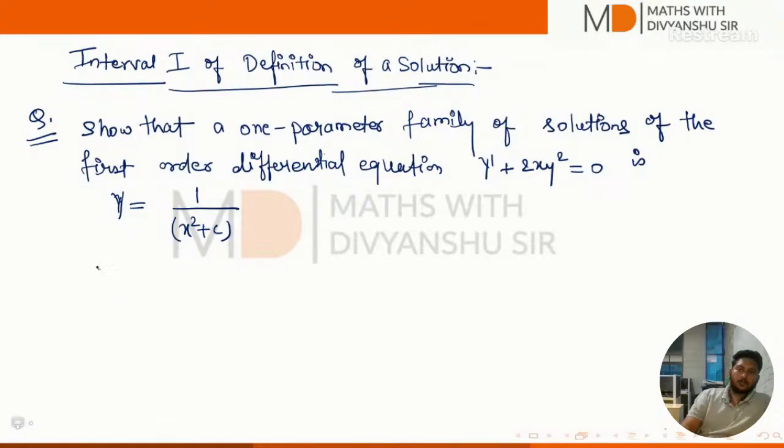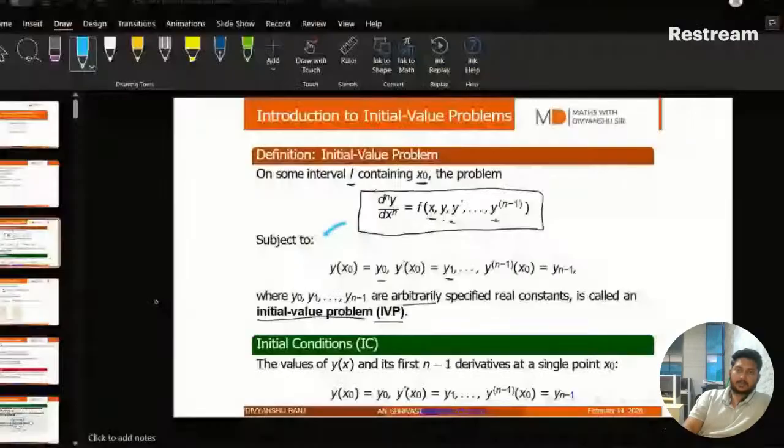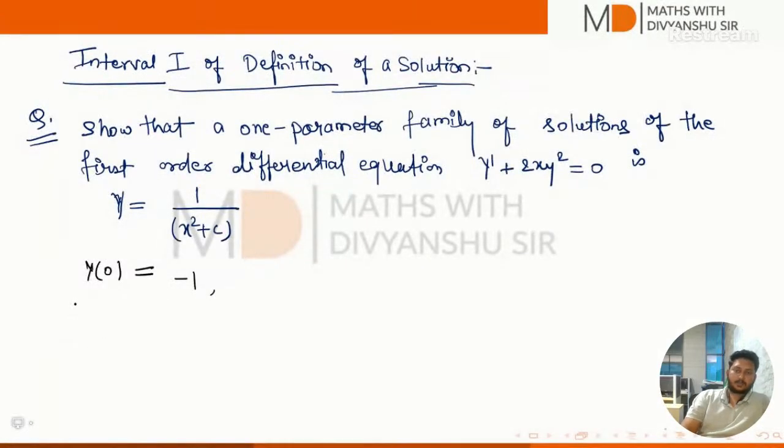So the initial condition y(0) is equal to minus 1, and the substitution for our problem is x is equal to 0 and y is equal to minus 1.